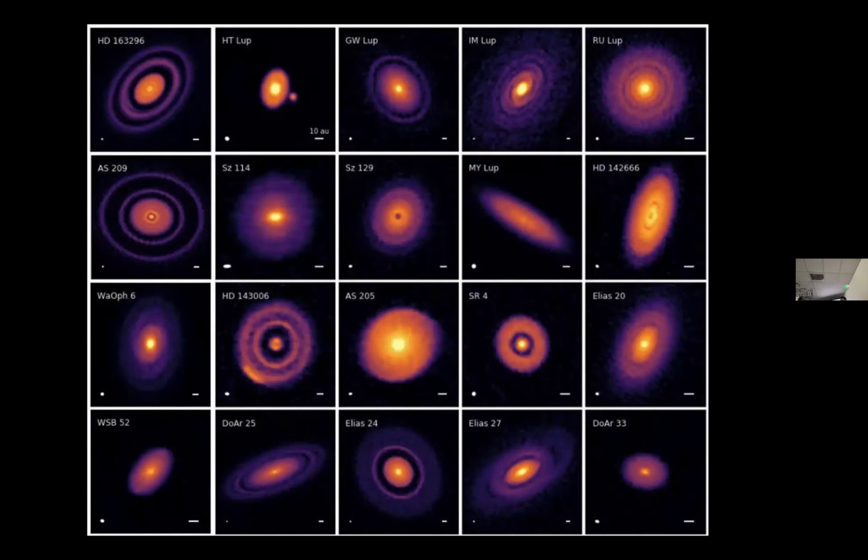So the bright color region, the strong dust emission, means the dust and presumably gas somehow are concentrated in those rings. And this one is also almost face on, and you have all the rings. You can see rings in many sources. One of them shows a spiral if you really look, like there. And there are some with holes there.